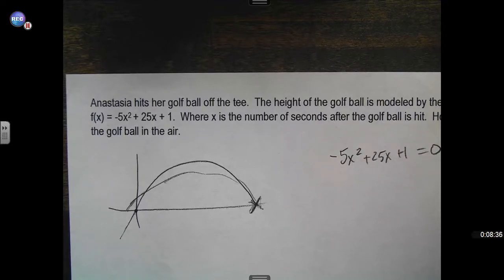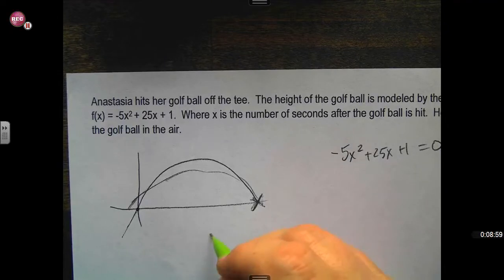And we want to find out when that ball hits the ground. And looking at this, that does not factor. What I can do, the y-intercept is 1.